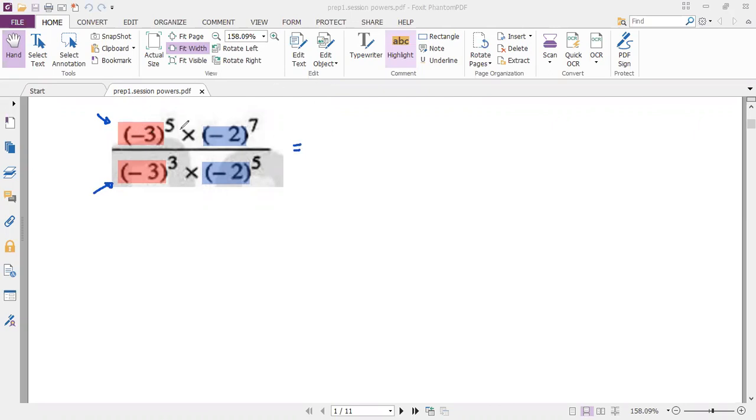And you know, when dividing like bases, it's dividing because -3 is written at the top, and the second -3 is written at the bottom. So we will write -3 as it is. This is the base, and then subtract the powers. 5 minus 3 equals 2. I subtracted powers because we are dividing.